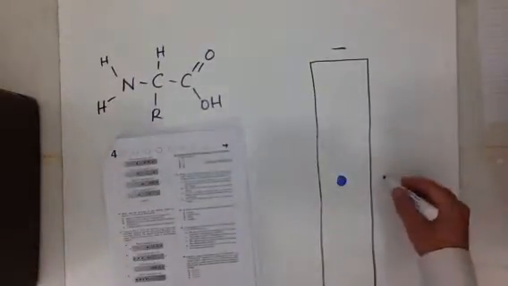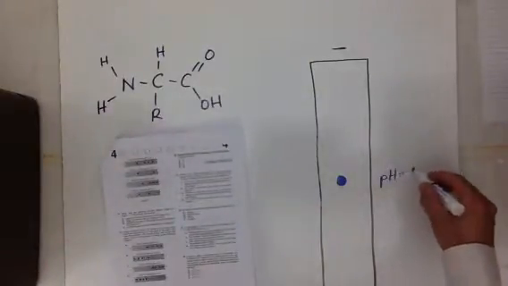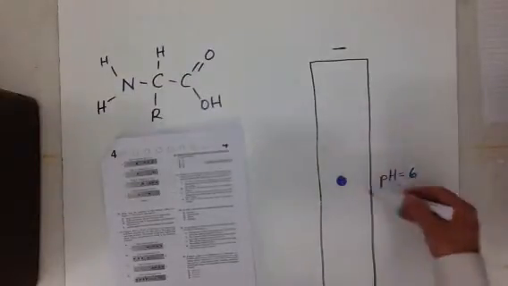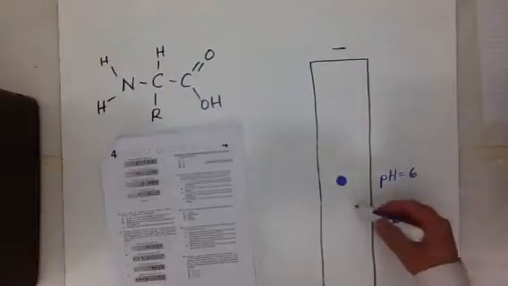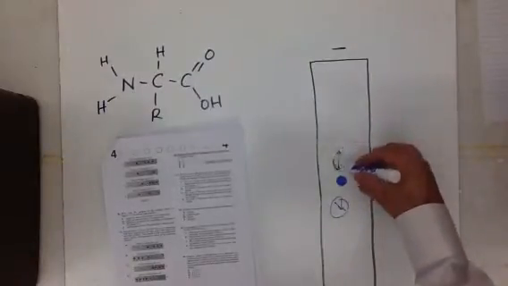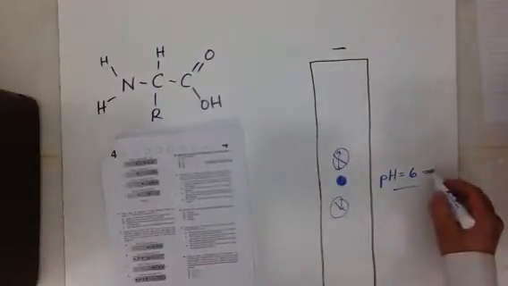Again, referring back to that data, when my pH equals 6, my amino acids never left this position right here, so they became uncharged. Therefore, there was no migration this way, and there was no migration this way. So I know that the pH is 6, and that would be my isoelectric point.